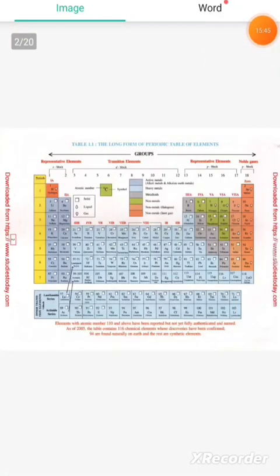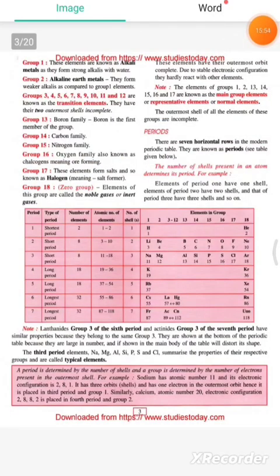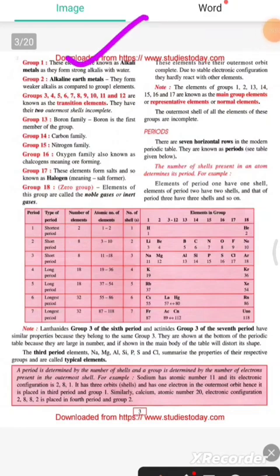So this is your modern periodic table, the updated version. Let us see the individual names of the individual groups. Group 1 is called your alkali metals, or group 1A also you can say. Group 2 is alkaline earth metals.